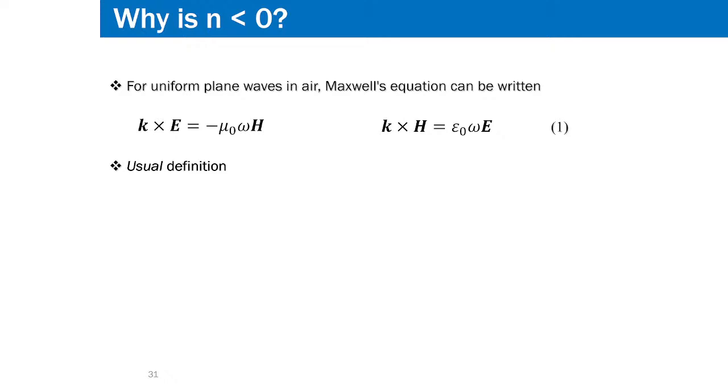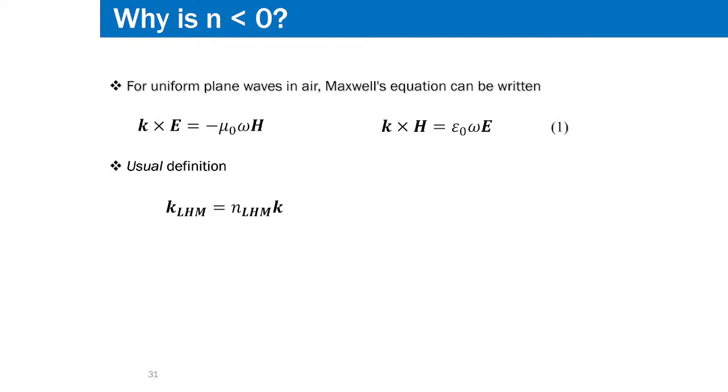Now we are going to use the usual definition. What is the usual definition? We will define k_LHM, or k_DNG. k is the wave vector. k_LHM means the wave vector inside the LHM medium or the DNG medium.